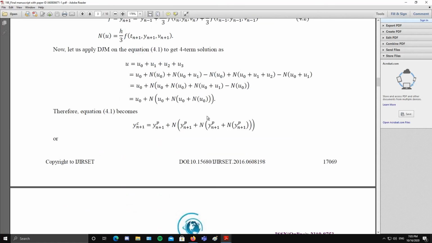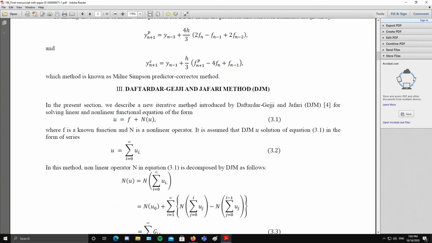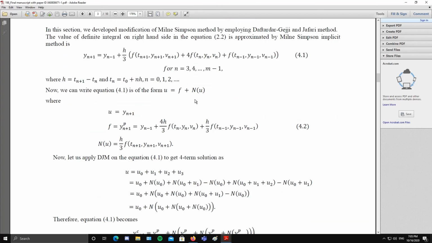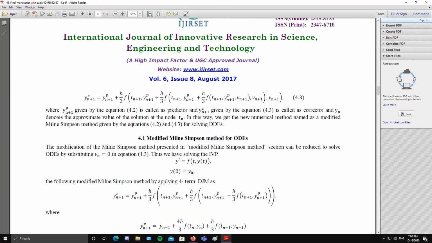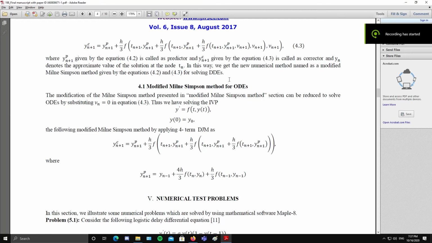If Vn is 0, you will have the differential equation y dash equals f of t, y of t, y of 0 equals y naught. We have seen the modified Milne Simpson solution of delayed differential equations. From it, we can get the solution for ordinary differential equations by taking the approximation of the delay term as 0.